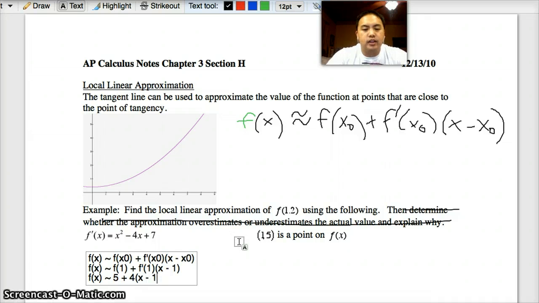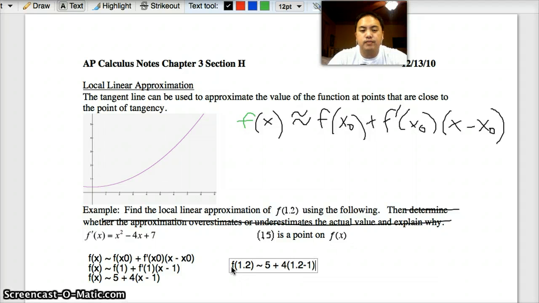Now I have an equation very close to 1 that I can solve for an actual value. In this particular problem, I want to estimate, to approximate, 1.2. So all I'm going to do is plug in 1.2 where I see x. So f of 1.2, what I'm looking for, is approximately equal to 5 plus 4 times (1.2 minus 1).